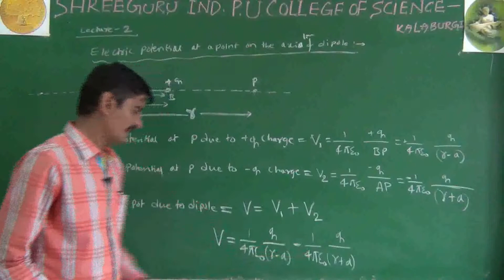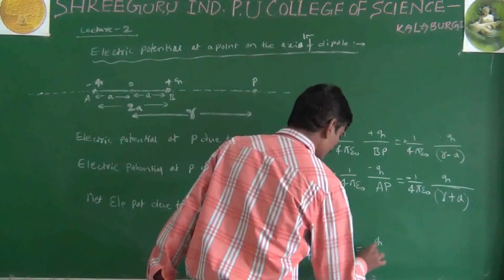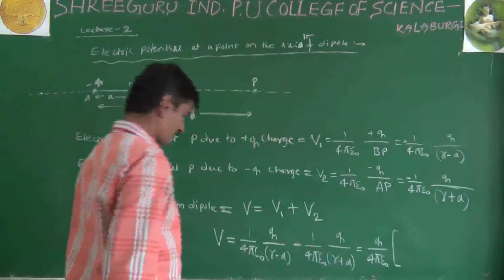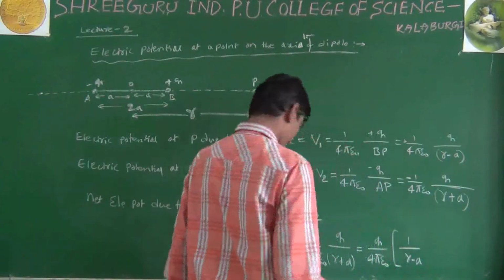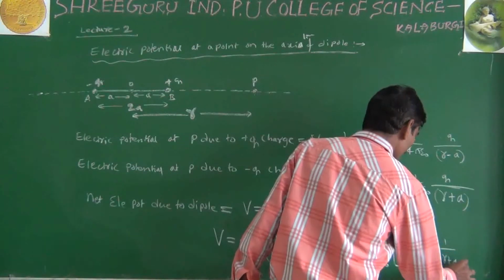Both are to be added. Now take common: Q divided by 4 pi epsilon naught is common. So you get 1 divided by R minus A minus 1 divided by R plus A.